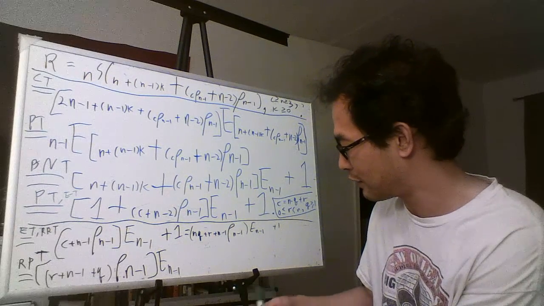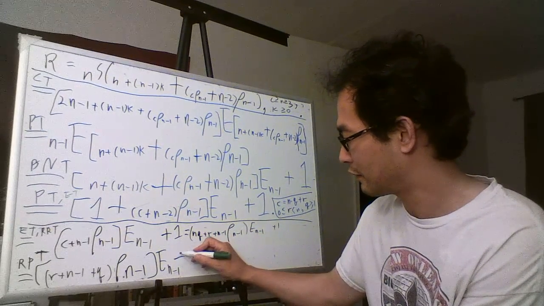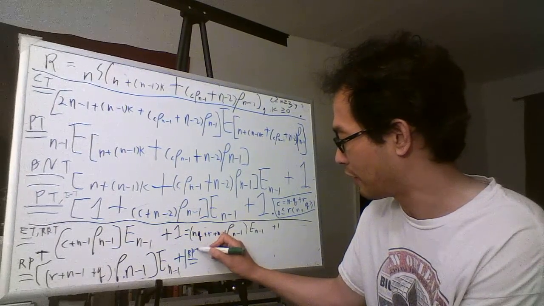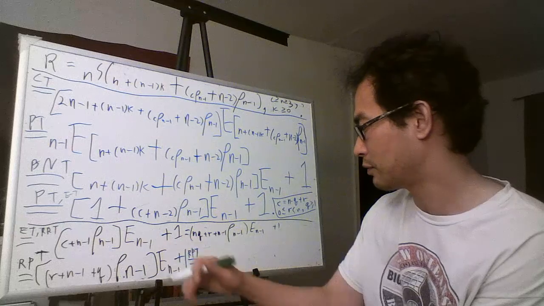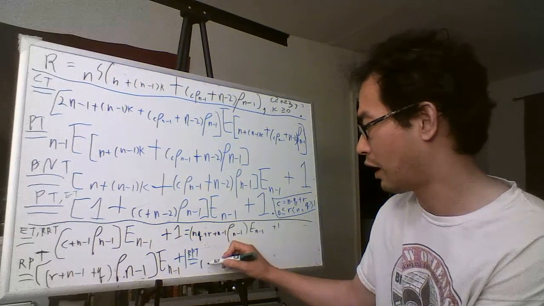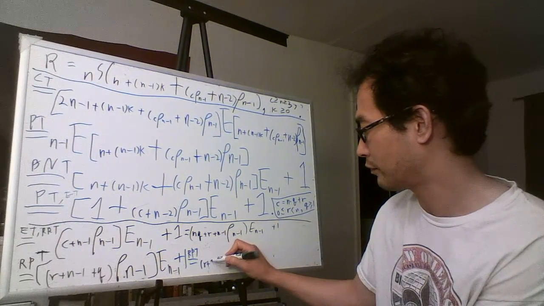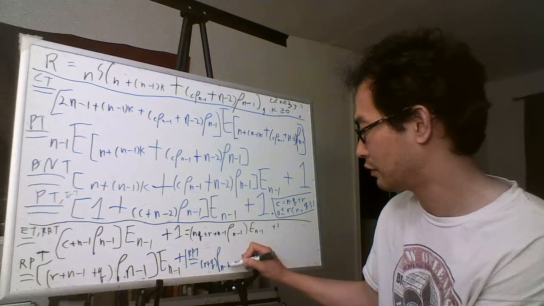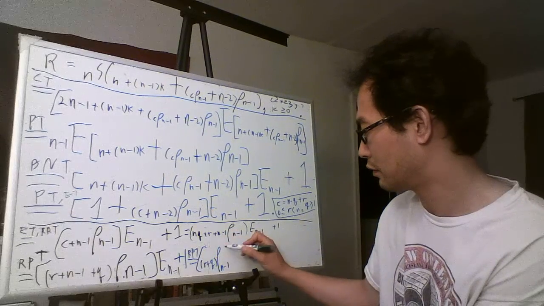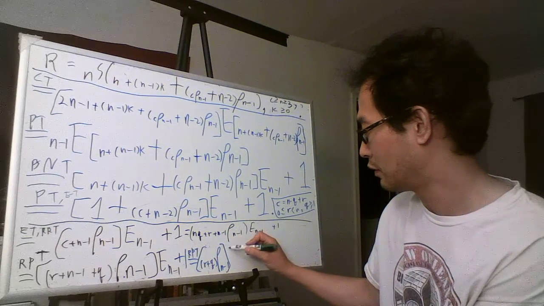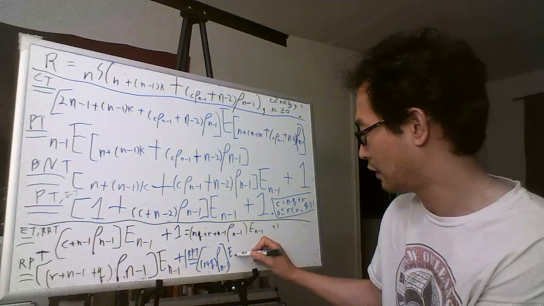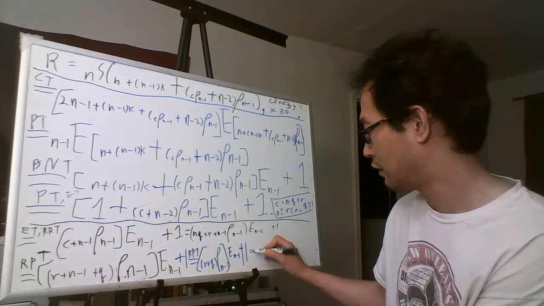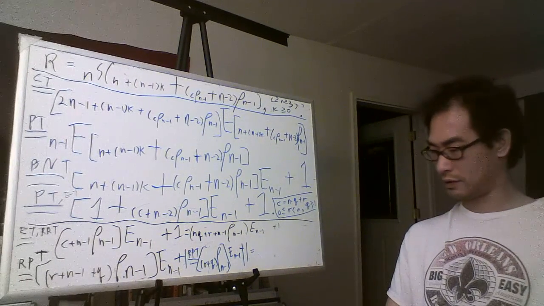So rho periodicity theorem, subtract that, you have R plus Q rho m minus 1, e m minus 1 and plus 1. Then what?